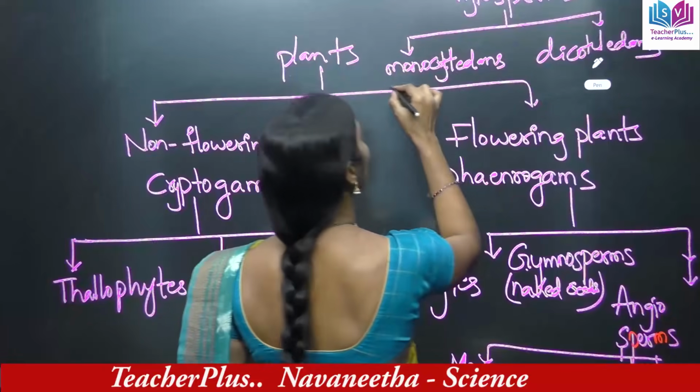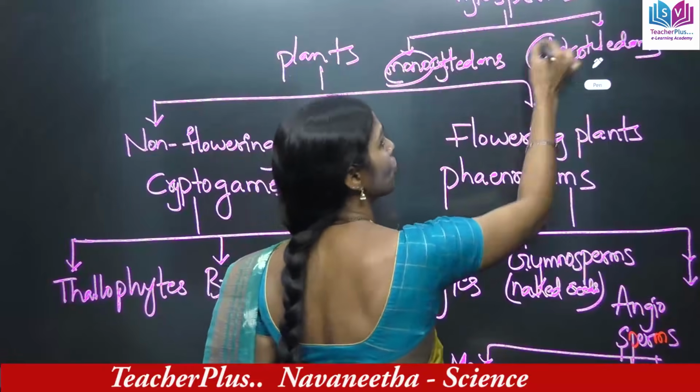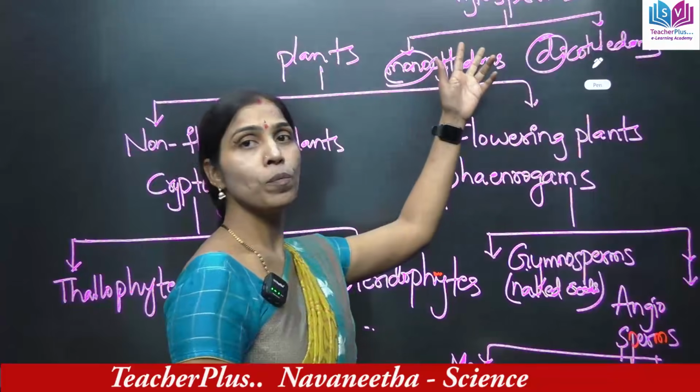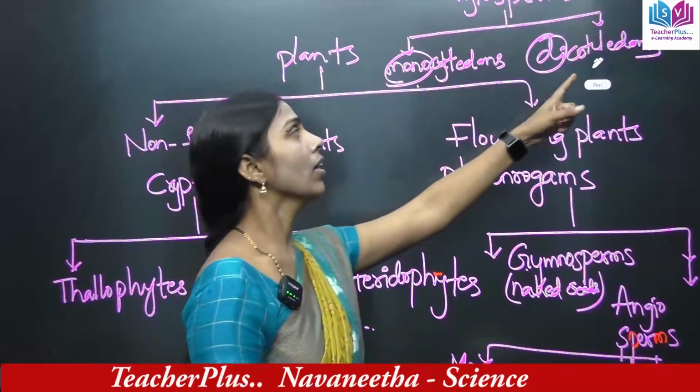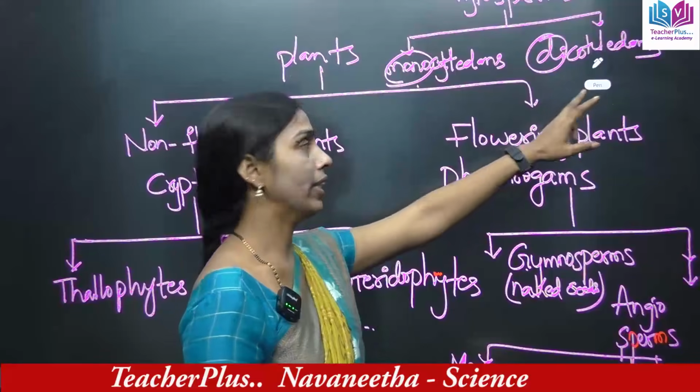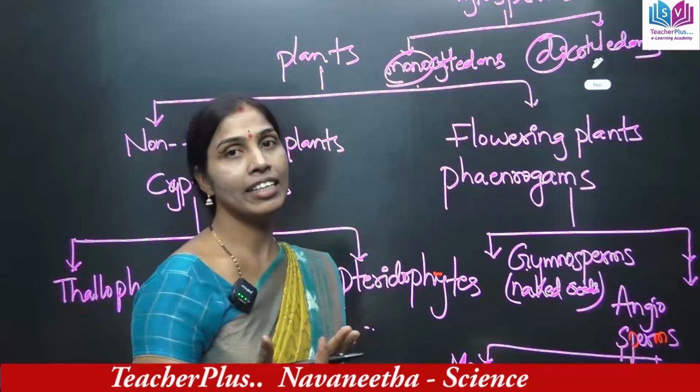Mono means one, di means two. So angiosperm can be divided into two types. One is monocotyledon and the second one is dicotyledon. Cotyledon means seed leaf.